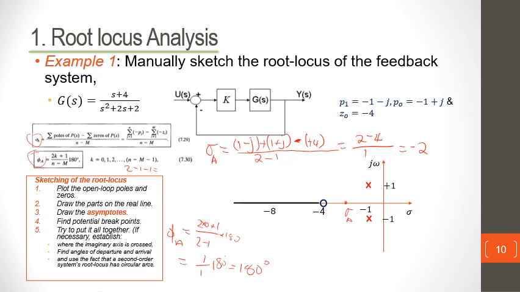So we have then our asymptote at this angle of 180 degrees. Which means finally the poles have to lie on this asymptote.